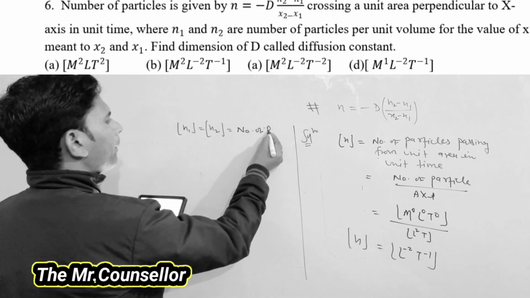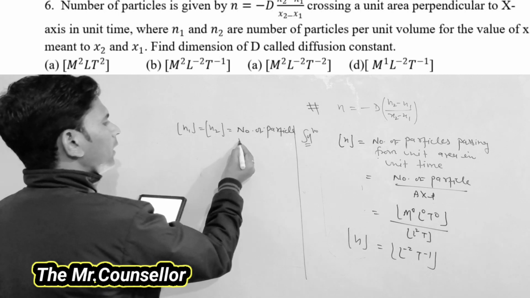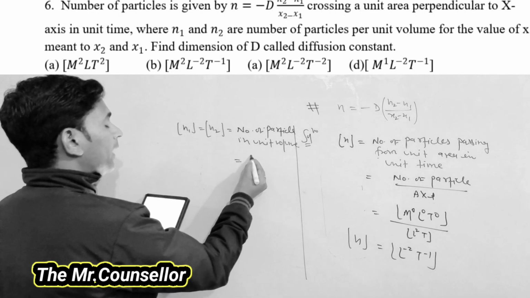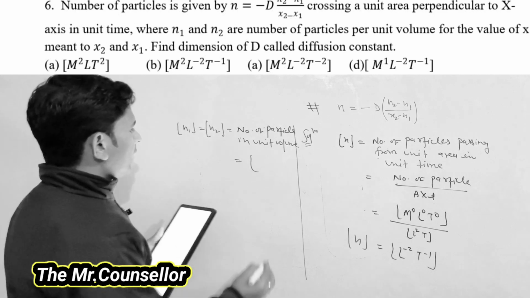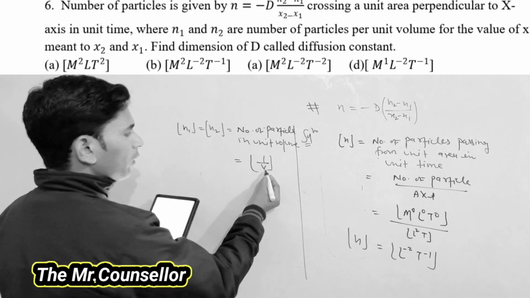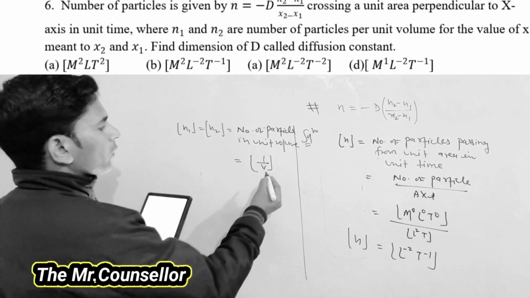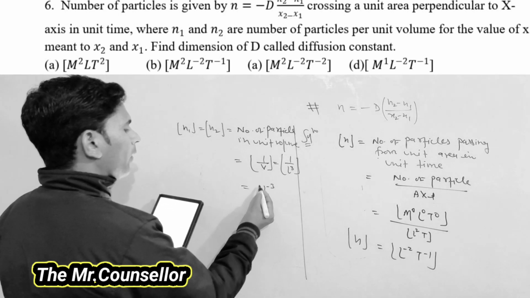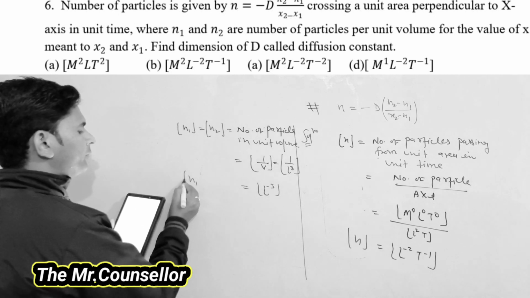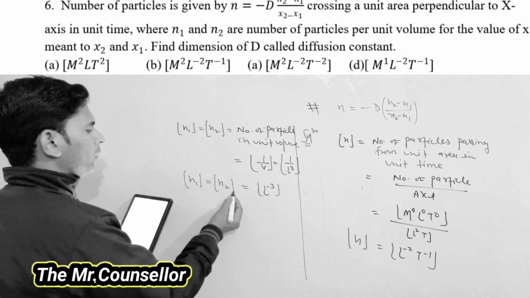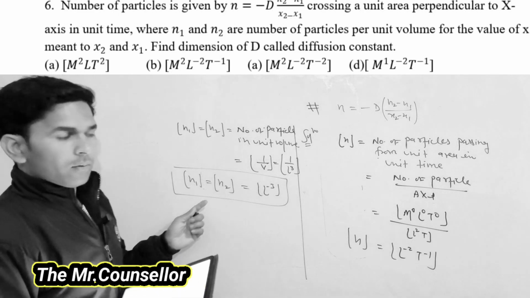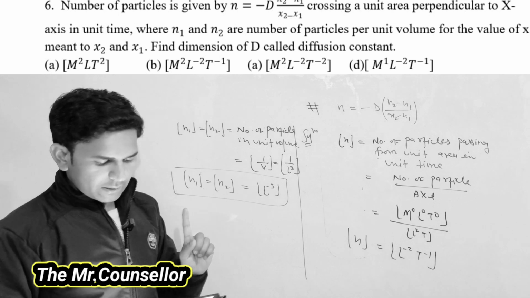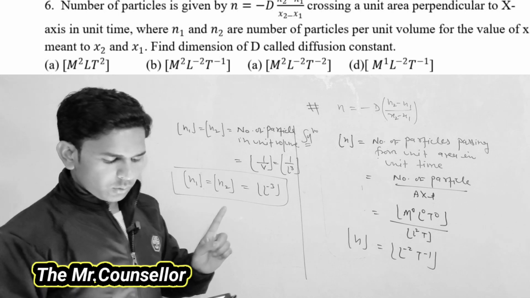Unit volume means 1 upon V, and volume is L³, so finally you can write L⁻³. Till here any doubt? No doubt. N1, N2 and n, you got all these easily.